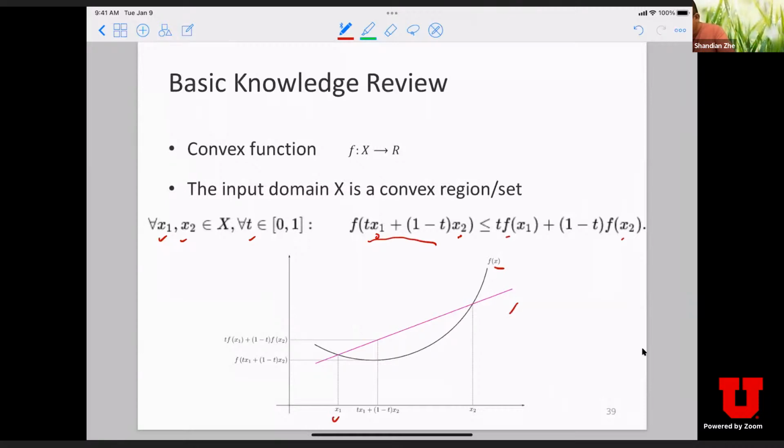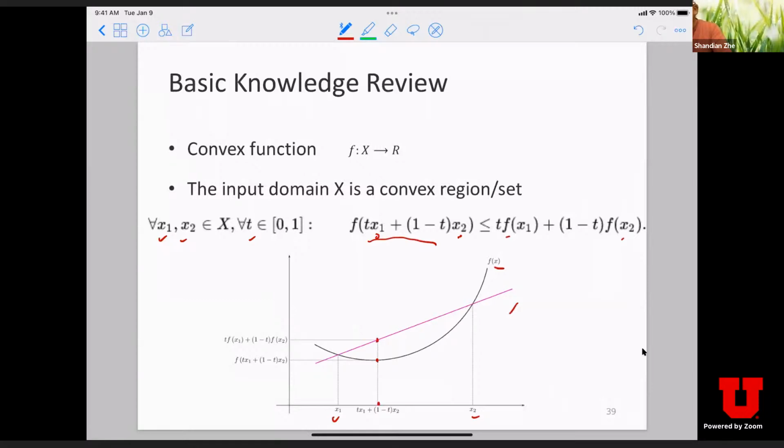If you pick x1, x2 arbitrarily in your domain, then for any convex combination of x1 and x2, that means any point in between x1 and x2, this is where the function value at the combination of x1 and x2 is, and this is where the combination of function values at x1 and x2 is.